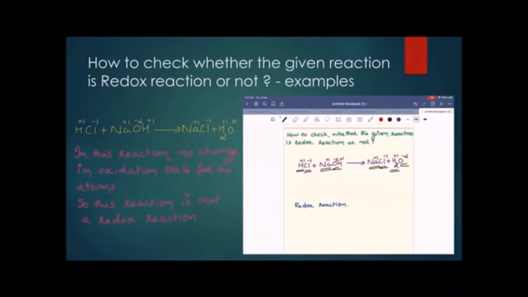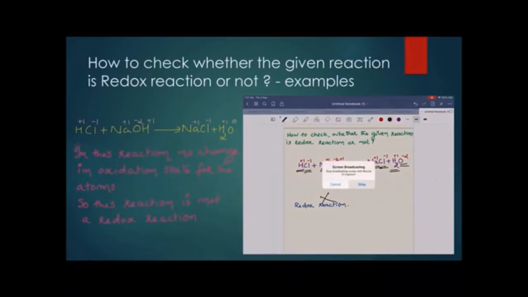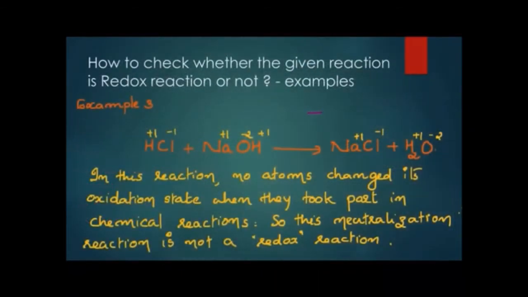So this is not a redox reaction because here there is no oxidation, here there is no reduction. So in this neutralization reaction, no atoms changed their oxidation state, so it is not a redox reaction.